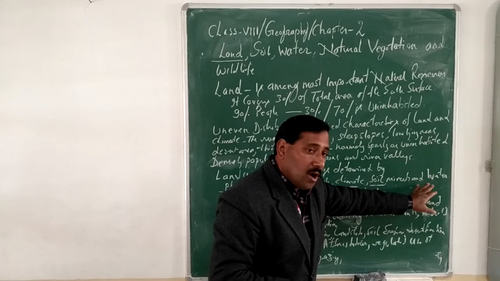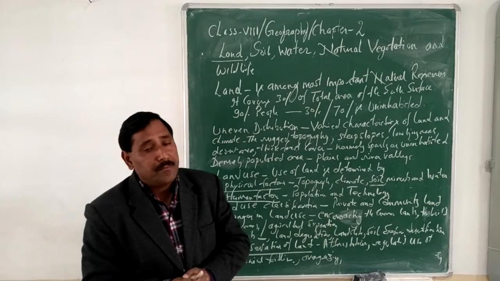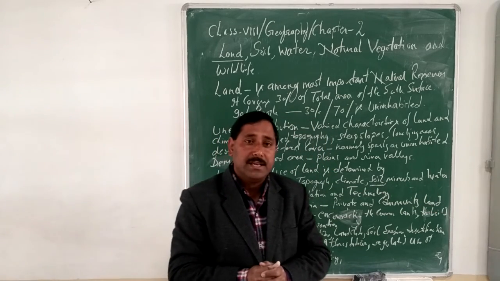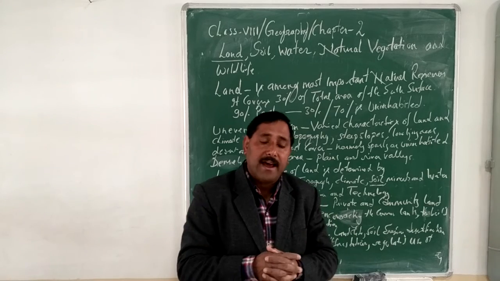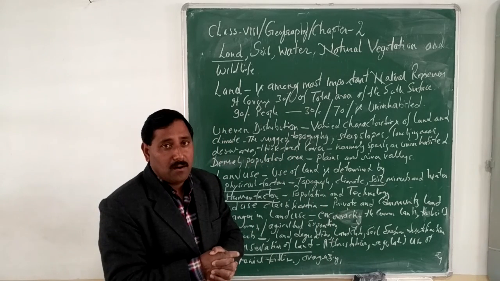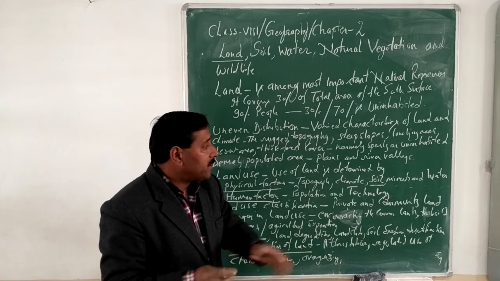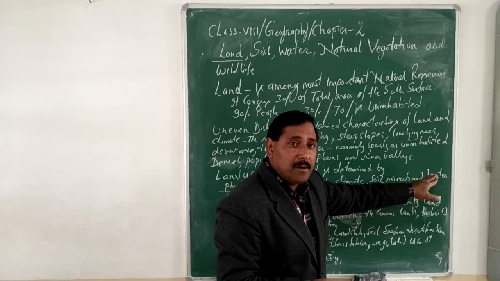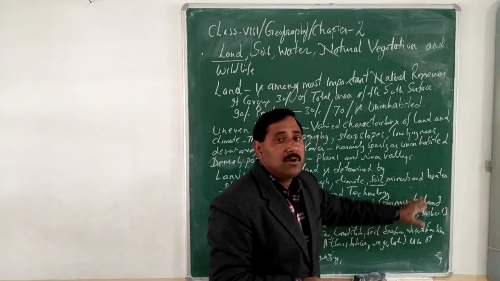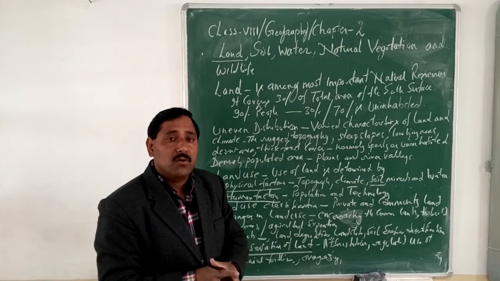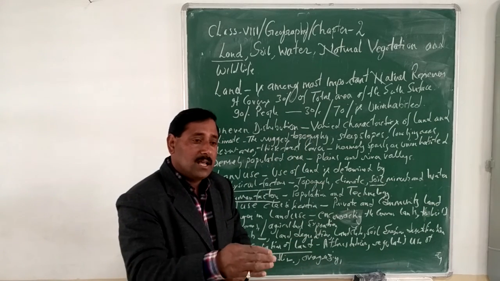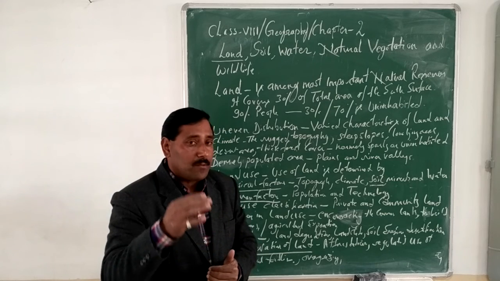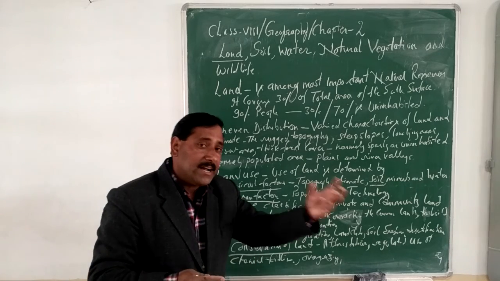Next is the availability of water. Very, very important. I have been discussing this. We cannot think of life without water. So water is very, very important. Wherever you have fresh water availability, where you have a large number of rivers, in those areas you will find that more people are attracted towards that area.